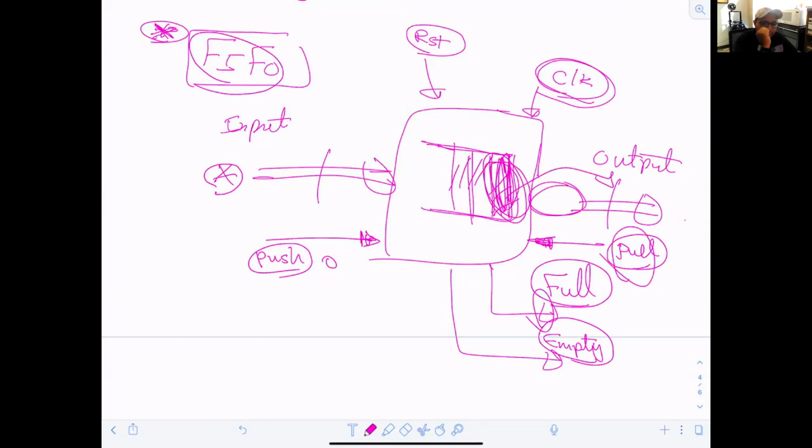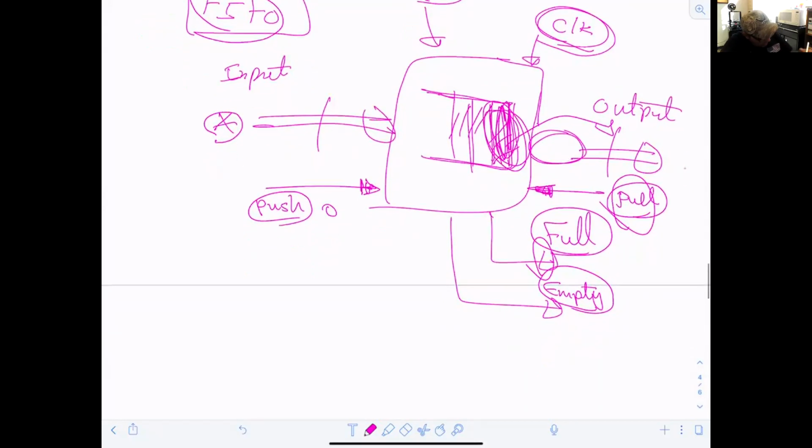Wait, so you said the pull resonates with the full, and then the push resonates with the empty? No, what I said is the following. Push, I can think about it as the following. If I find empty is high, that means I don't have any problem to push, because there is nothing inside, right?